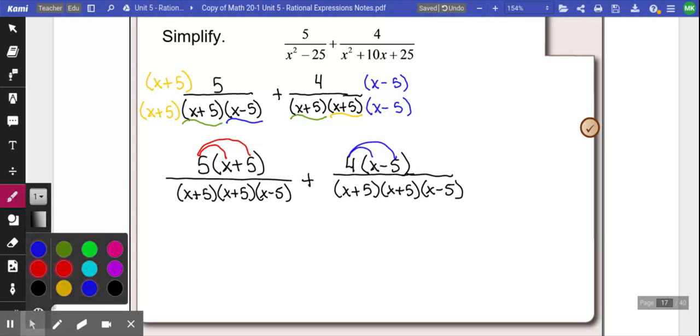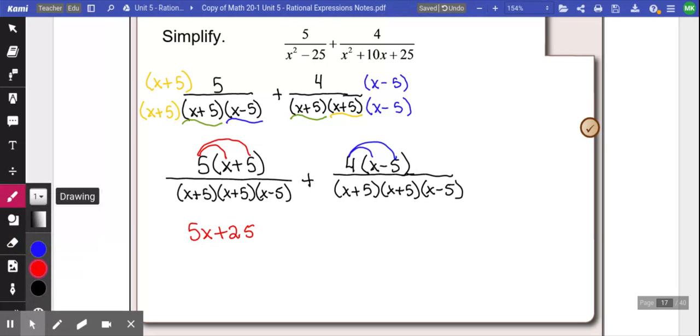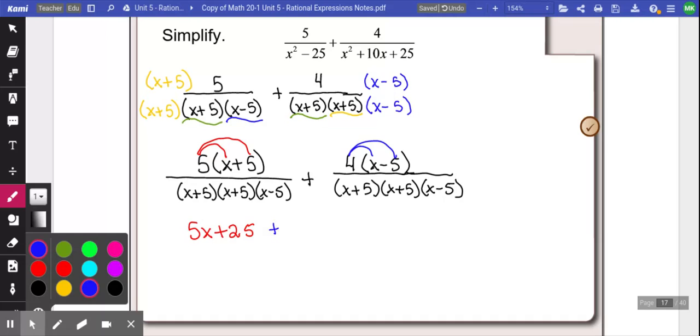So this becomes 5x plus 25. The other one becomes plus 4x minus 20. And it's all over x plus 5, x plus 5, x minus 5.